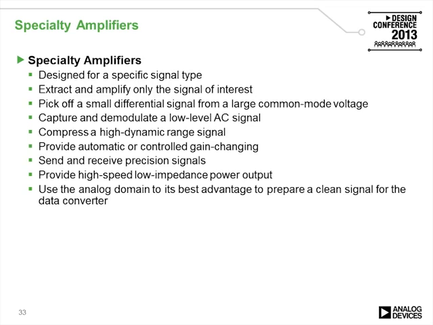This is when specialty amplifiers can help. They are designed for specific signal types or specific functions. They sometimes include passives on chip that are well matched and then can deliver high CMRR and also high precision.